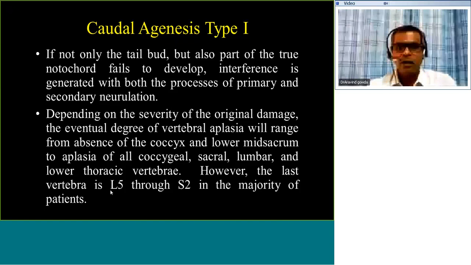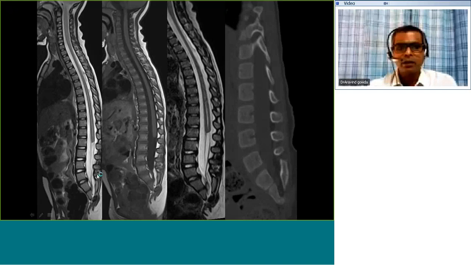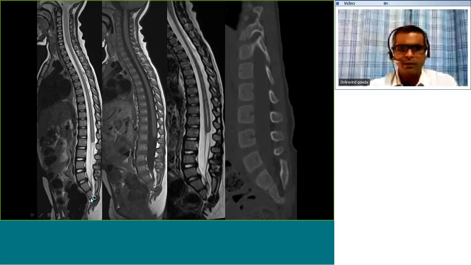But of course, the spinal cord will be involved, and there will not be a conus, and the spinal cord will be ending abruptly like a club-shaped spinal cord. So this abrupt ending of the spinal cord, along with the absence of the vertebral column below L5 or S2, you will call caudal regression syndrome type 1.